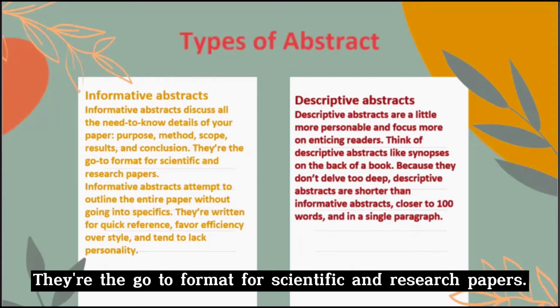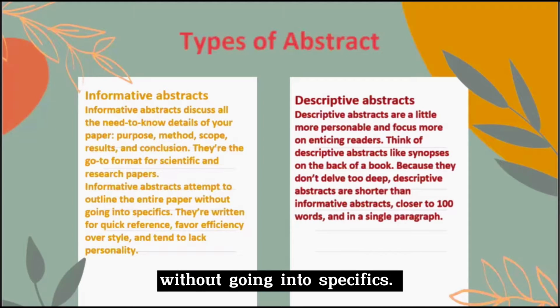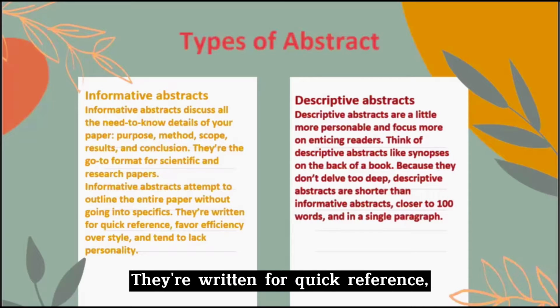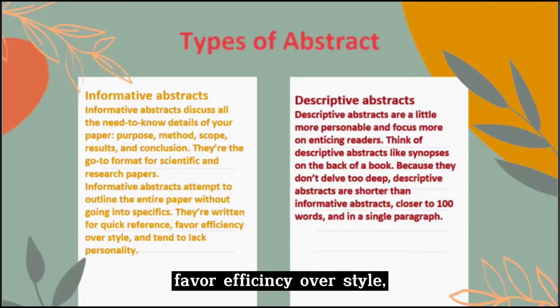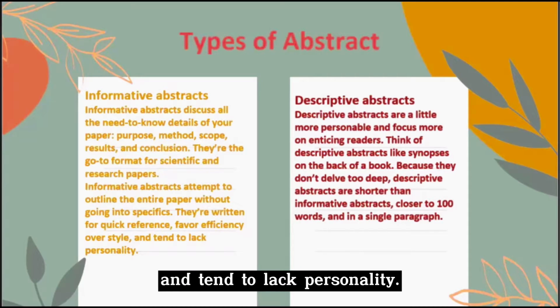It is a good format for synthesis and research papers. Informative abstracts attempt to outline the entire paper without going into too much detail. They are written for quick reference, for efficiency over style, and tend to lack personality.